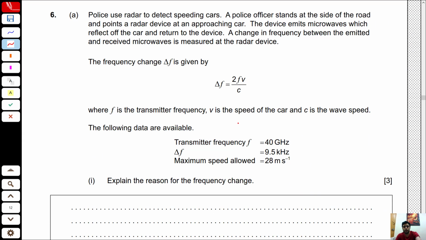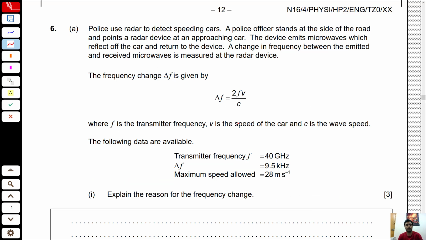Alright, question number 6. Radar is used to detect speeding cars. A police officer stands at the side of the road and points a radar device at an approaching car. The device emits microwaves, so it emits electromagnetic waves, which reflect off the car and return to the device.